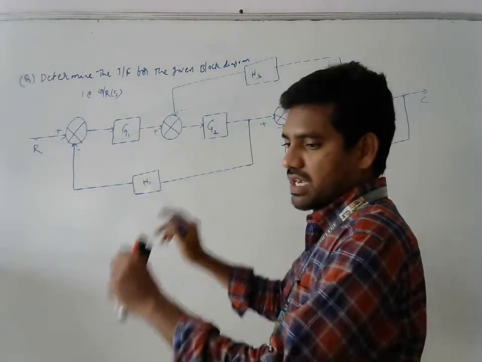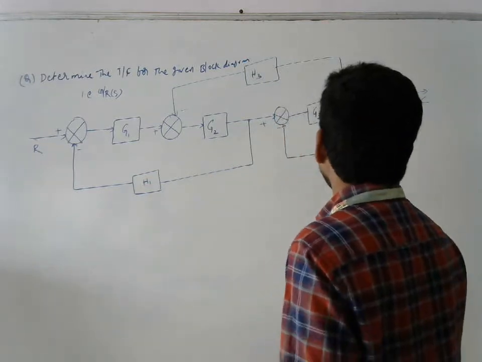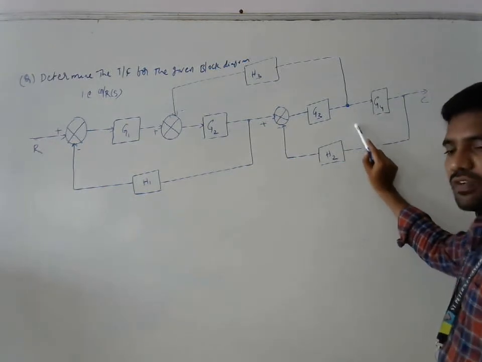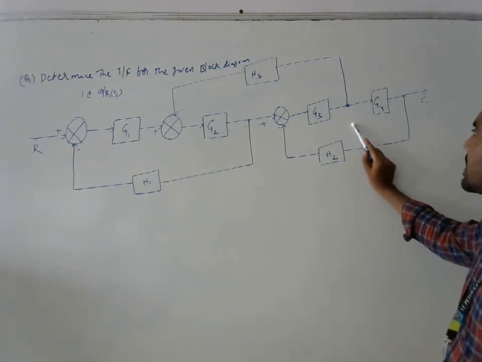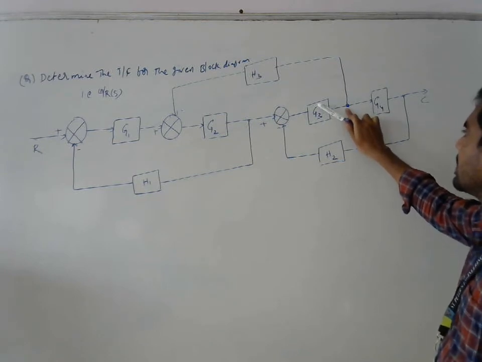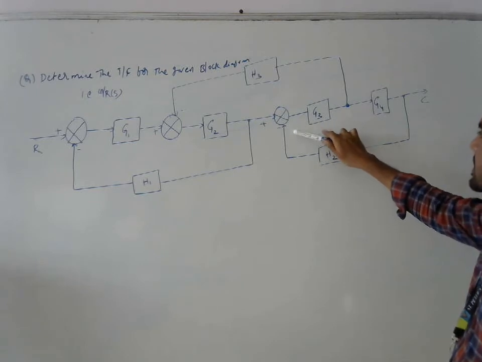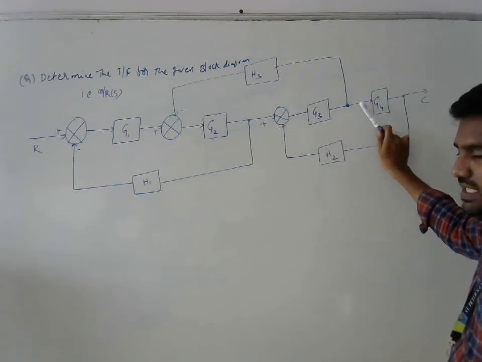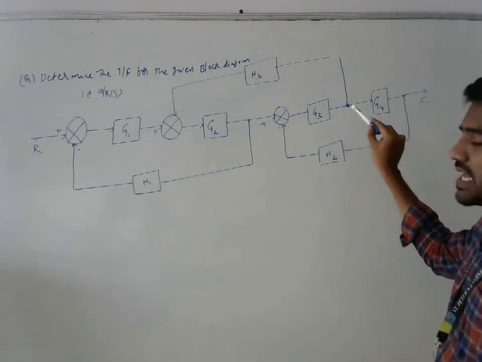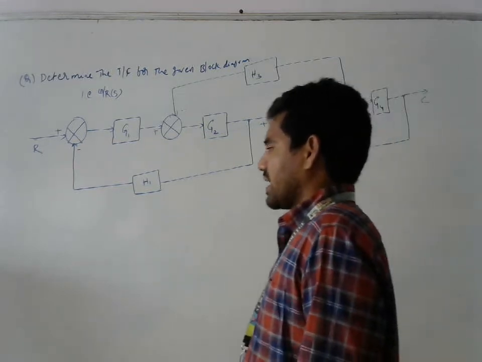So that gives one feedback path, a negative feedback path. Similarly, if I observe this block, we have a G3 interruption here. If I remove this takeoff point, then G3 and G4 will become series, and this block will become one complete negative feedback.